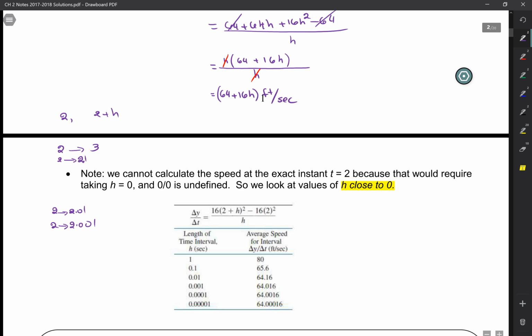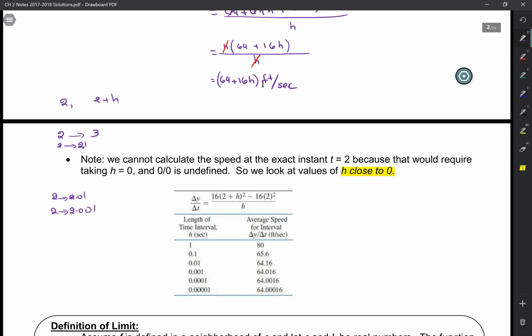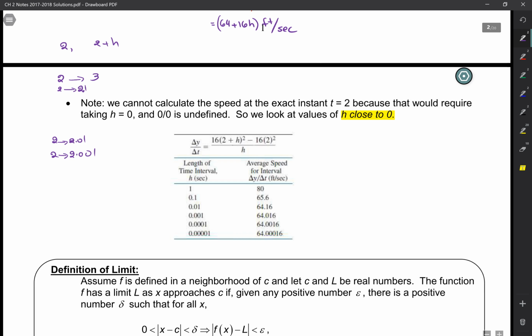So I can make that value h closer and closer to 0, and then I could really find the speed at 2. So here, the length of time, h, I can make increasingly smaller.